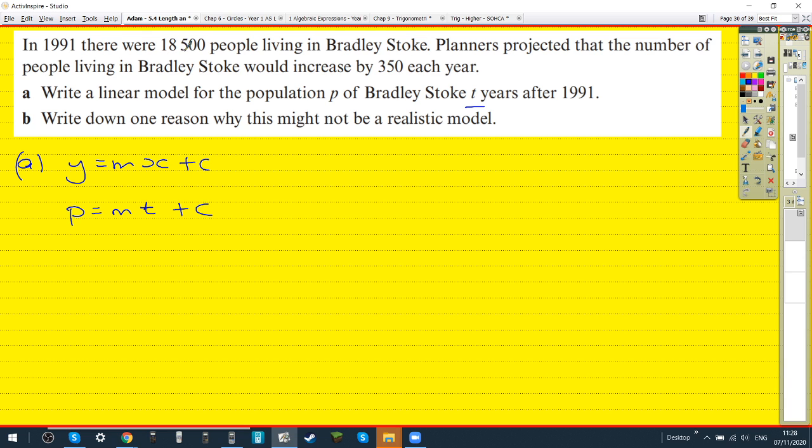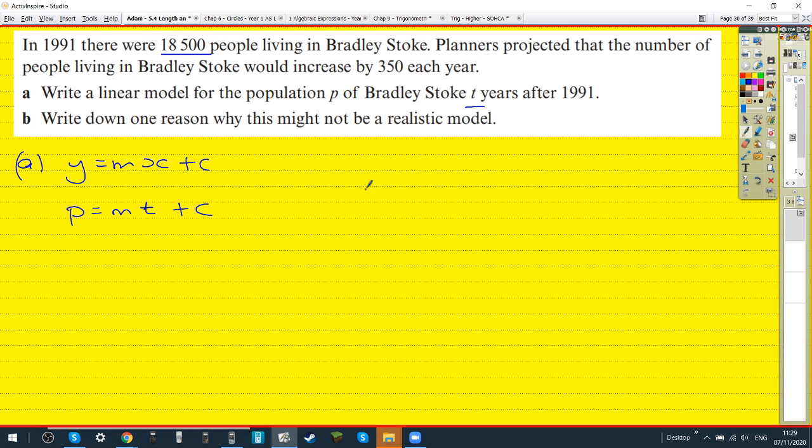So let's see. This was the initial value. For p, would you sub in the year after? For p, you could. Go on, what are you thinking? So like 18,500. Take away that, is it?